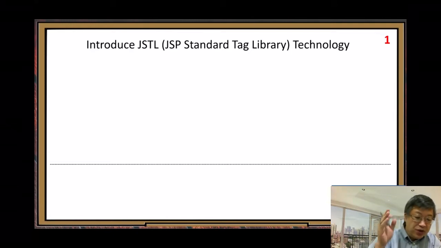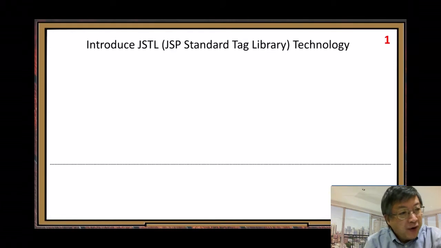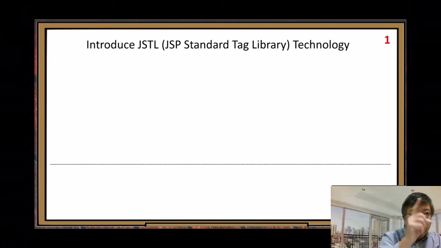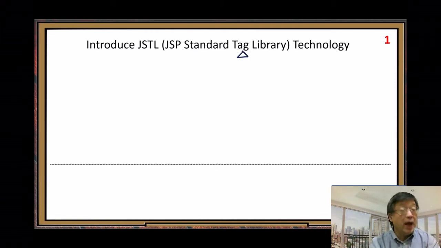Here, let me introduce this technology. The full name, here you can see, is JSP Standard Tag Library. All right, the main keyword: tag. We're familiar with tags, right? HTML tags.